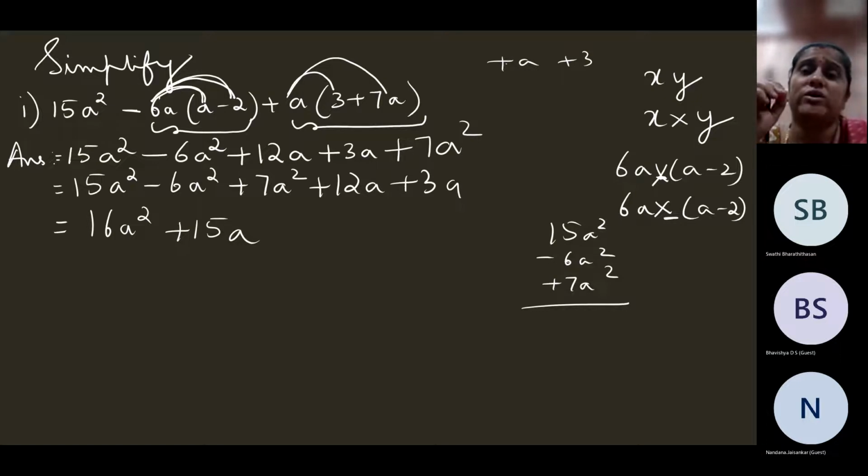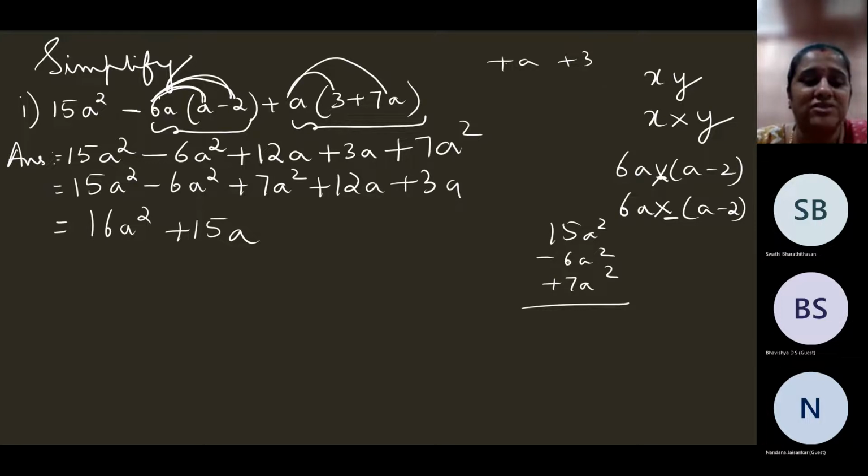I told you I'll be doing algebraic expressions, identities, factorization, division all together. So last class we saw factorization. We saw all the different types of factorization. Now what we are doing here is we are given an expression. We're trying to simplify the expression.